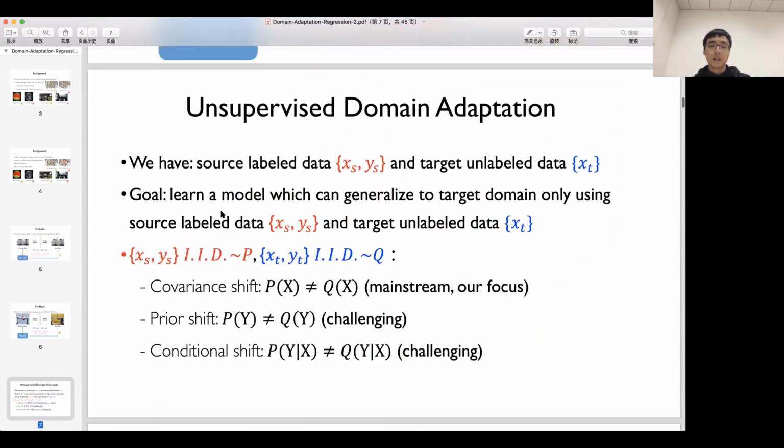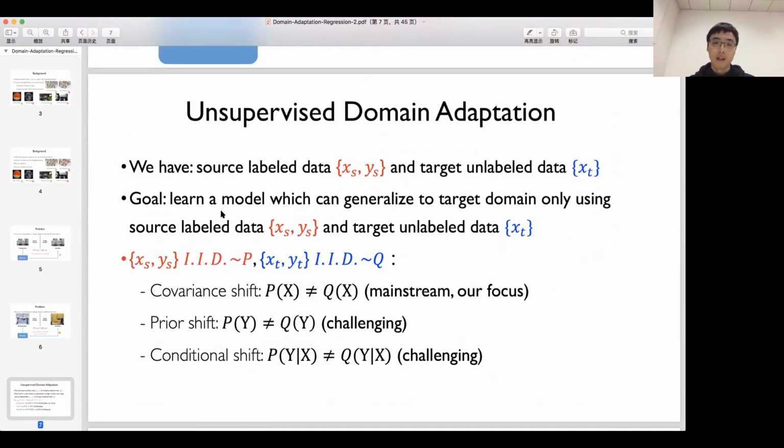Now I will introduce the setup of our work. It is called unsupervised domain adaptation. It means that we have source labeled data xs, ys and target unlabeled data xt. Our goal is to use these two to learn a model which can generalize well to the target domain.